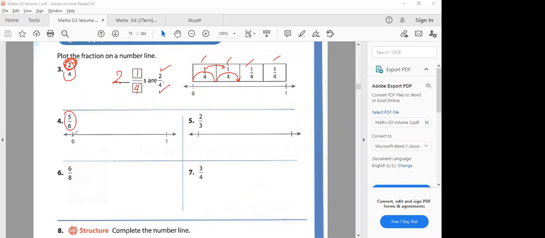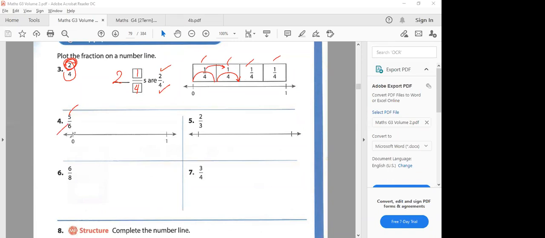Okay, so we're gonna divide the distance between 0 and 1 into how many equal parts? He's telling us 5 jumps. You just have 5 over 6. So how many equal parts? 5 or 6?